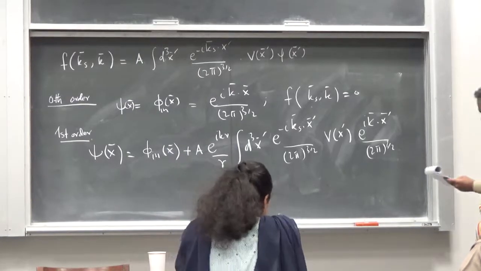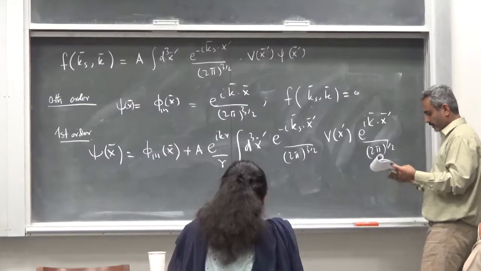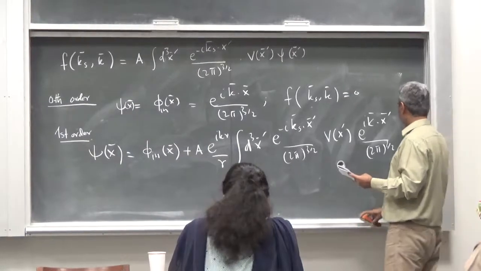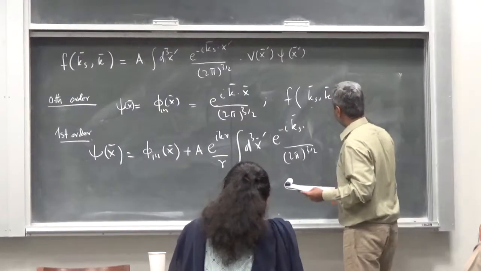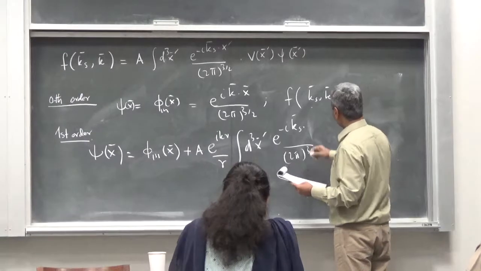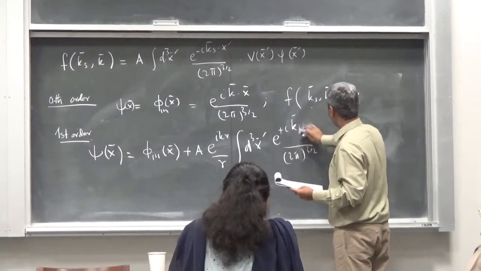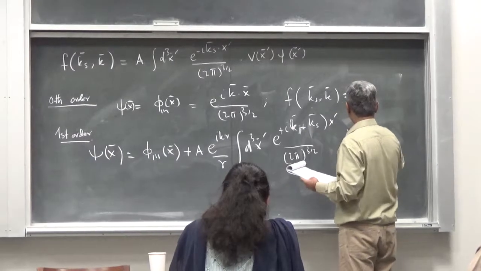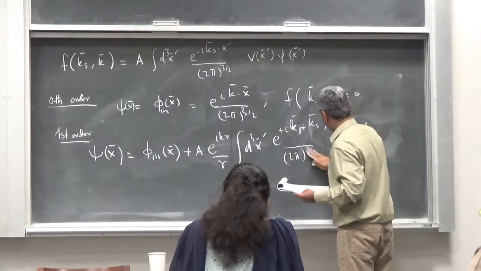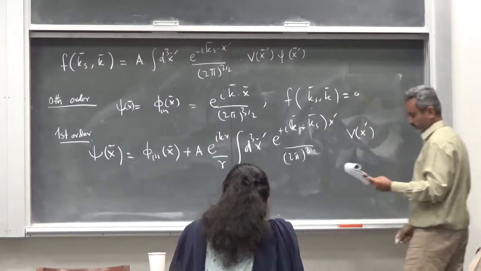Let's solve this. In fact, if you just look at it, this becomes I k minus ks x prime V of x 2 pi q.